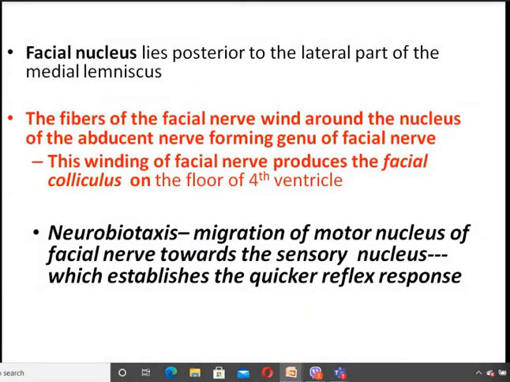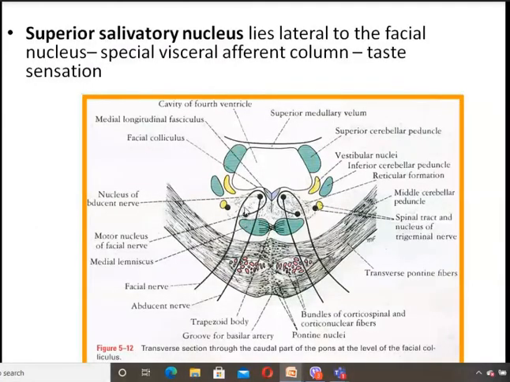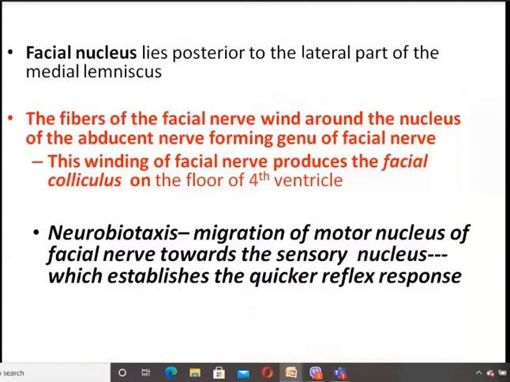The facial nucleus lies posterior to the lateral part of the medial lemniscus. This is the medial lemniscus and this one is the facial nucleus, slightly on the posterior part of the medial lemniscus. The fibers of the facial nerve wind around the nucleus of the abducens nerve, forming the genu of the facial nerve. This winding of the facial nerve produces the facial colliculus on the floor of the fourth ventricle.